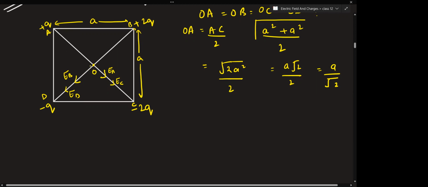First, we have to find out the resultant of EB plus ED, then the resultant of EA plus EC. And see what is the angle between the diagonals of a square.